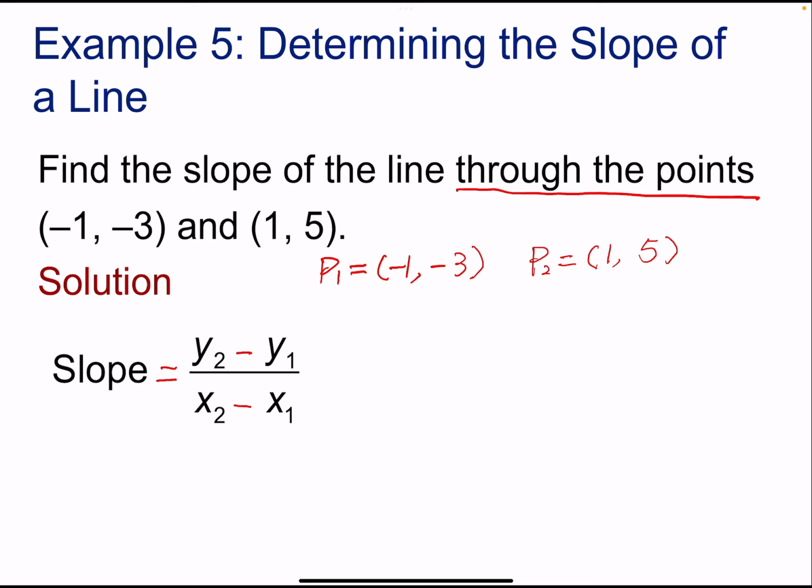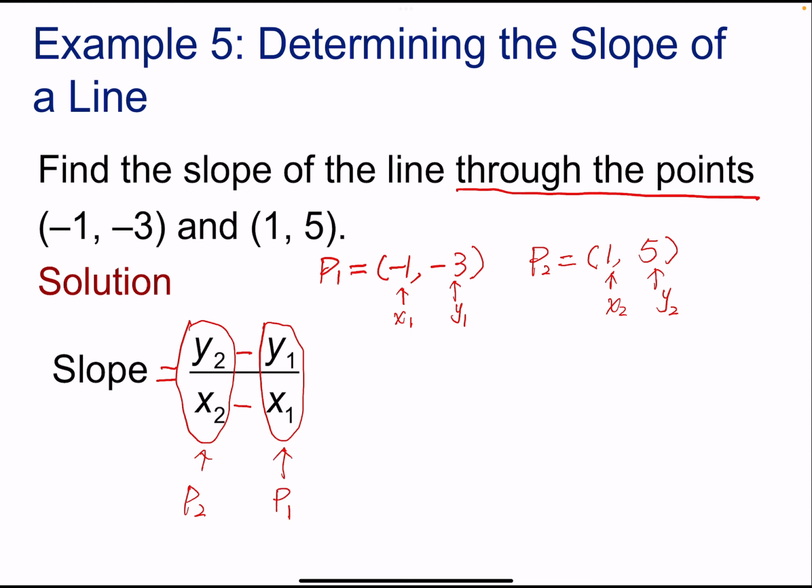So for p1, we associate x1 to its x coordinate and y1 to its y coordinate, and this is x2, this is y2. So x2, y2 come from the same point, p2, and x1, y1 come from p1.